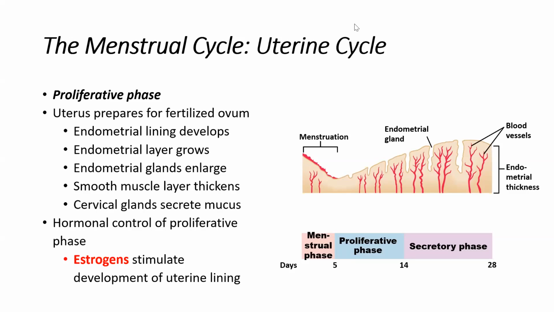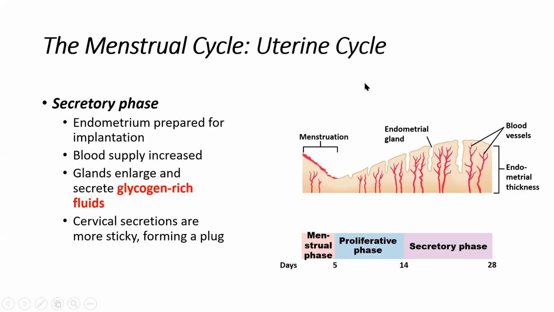And then the secretory phase, which is days 15 to 28, is the last phase of the uterine cycle. This is where we have the uterine lining in its ripest stage, so to speak. So the endometrium is fully prepared for implantation at this point.